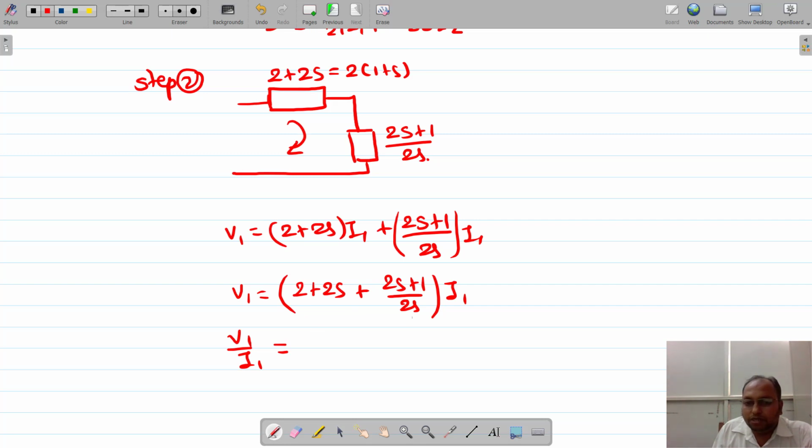Now let us do the common denominator for the right hand side term. So we need to multiply by 2s to this bracket, isn't it? So 2s into (2 + 2s) plus 2s plus 1, and it will be whole divided by 2s.